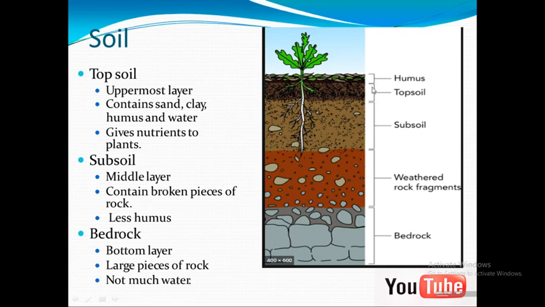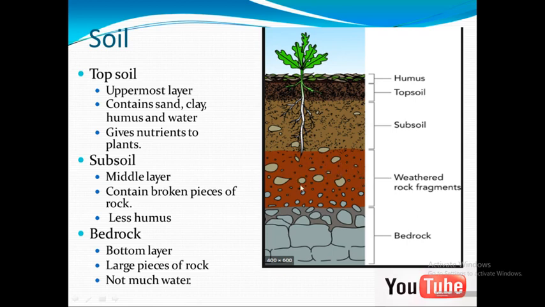three layers of soil. The topmost layer is very rich in minerals, vitamins, nutrients, and water. In this soil, clay, sand, and humus are present. The subsoil is the middle, and some broken pieces of rocks are present here, the pieces of rock fragmentation, when the rock is breaking, it settles down.